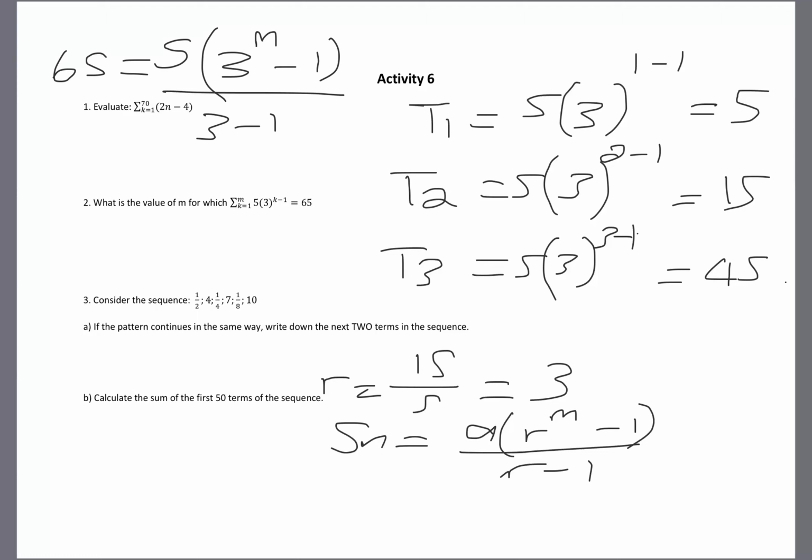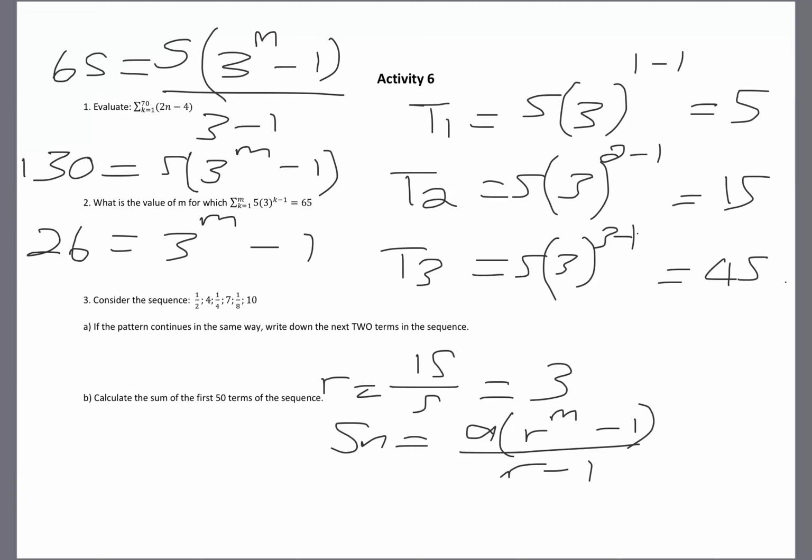Then I say 3 minus 1 is 2, and I'm going to say 65 multiplied by 2. This is going to give me 130 is equal to 5(3 to the power of M minus 1). And I divide by 5 and get 26 is equal to 3 to the power of M minus 1, which is then going to be 27 is equal to 3^M. And what to the power of 3, sorry, gives me 27?